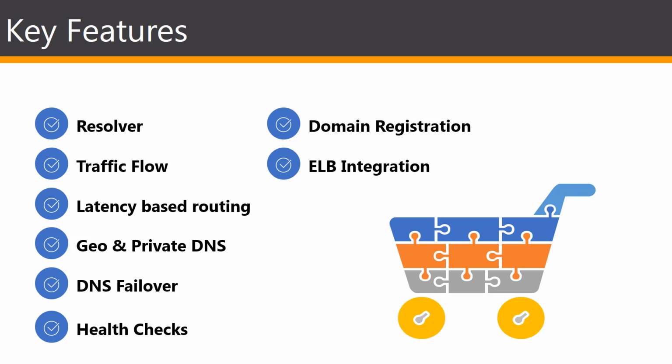Like I mentioned before, end users can be routed based on geo-proximity, latency, health, and a bunch of other considerations. And some of the other ones that I've already mentioned previously in terms of the DNS failover, the health checks, the domain name registration, the geo and private DNS, and then finally the load balancing integration.